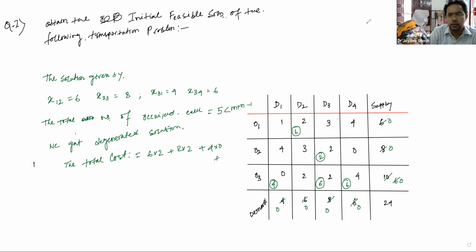Four into 0 plus 6 into 2. So this is equal to 12 plus 4 plus 24. So this is our least cost method.